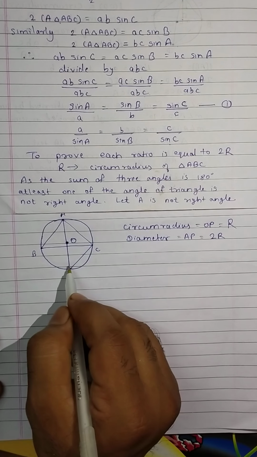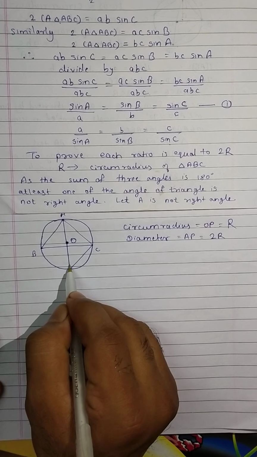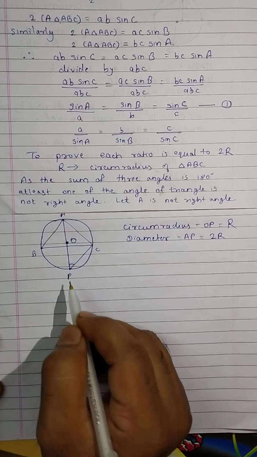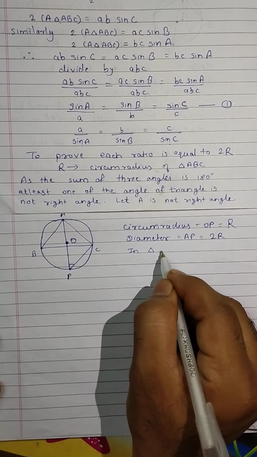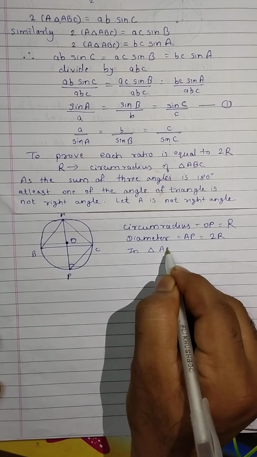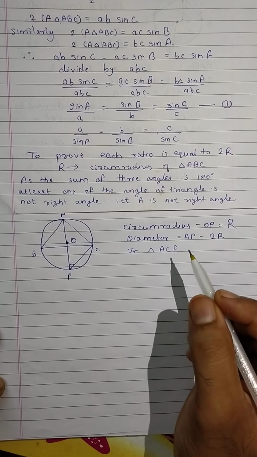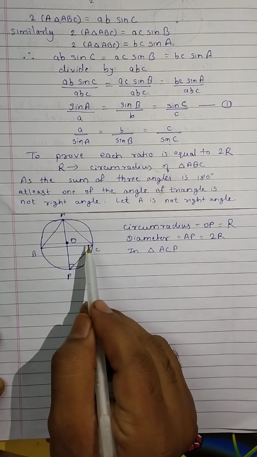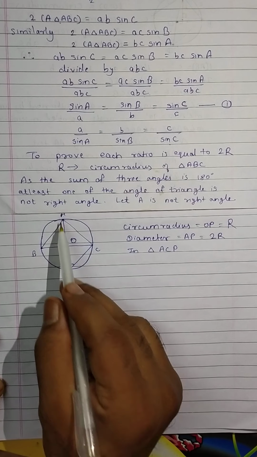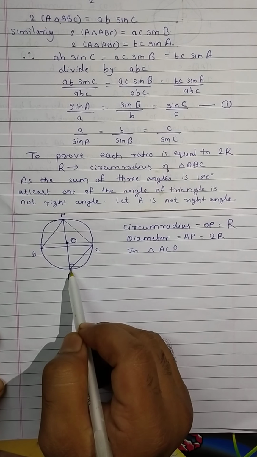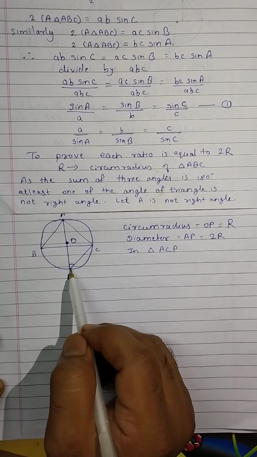By doing this, consider angle ECP in triangle ECP. Now angle ECP is inscribed in the semicircle as AP is the diameter, so angle ECP is a right angle.